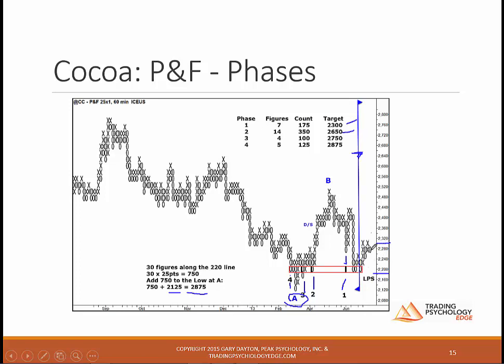Well, we don't know that for sure, but we certainly know that there's more demand than there is supply in here. Okay? So we have at least a good shot of getting into this area here, into the 650 level. And then if things go well, we would continue to add our counts, our phases on up to the count. Okay, that should be pretty straightforward. Any questions about that?